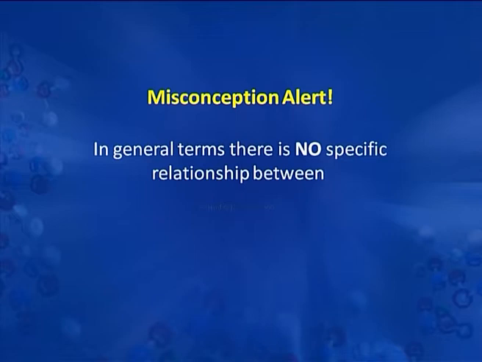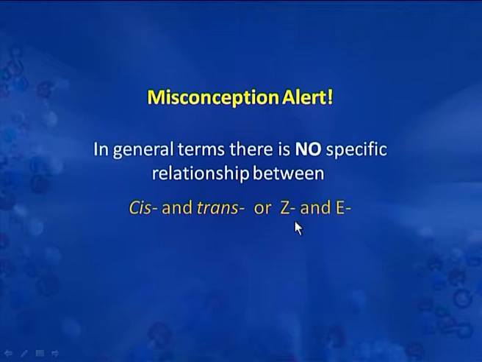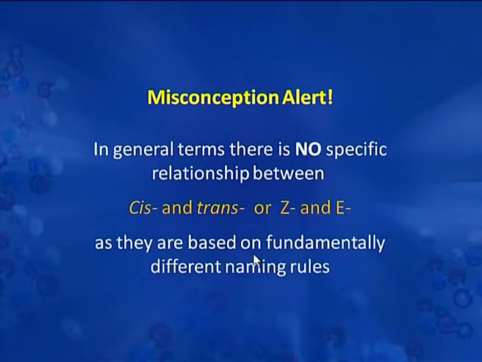The most common misconception in the mind of the student is that cis and trans and Z and E have some relationship. That cis we were deciding the groups on the same side, similarly we are saying Z on the same side, but they do not have any relation. Please keep it in your mind because they are based on fundamentally different naming rules.